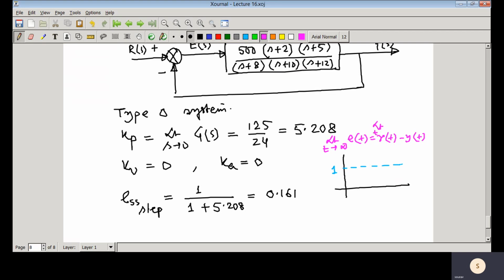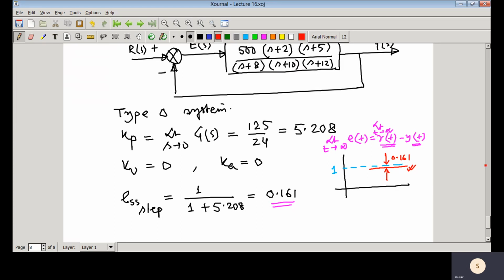The reference command is 1, and y(t) we do not know, but as the steady state error is 0.161, which is positive, the output would be 1 minus 0.161. So this difference is 0.161.